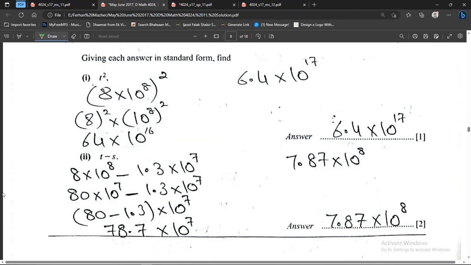So 8 square is 64, and 10 raised to power 8 raised to power 2 is 10 raised to power 16. This number must be more than 1 and less than 10, and this is 64. So I will move this decimal to the left, and the power will be added here. So 6.4 into 10 raised to power 17.